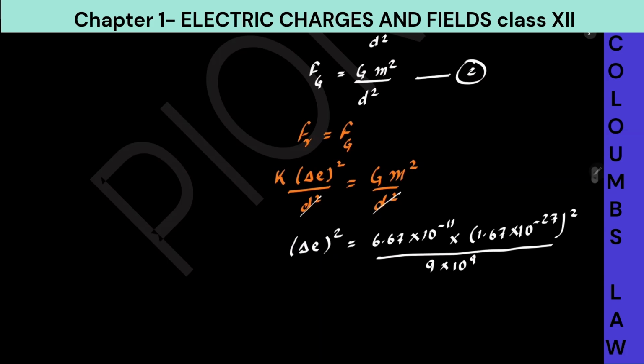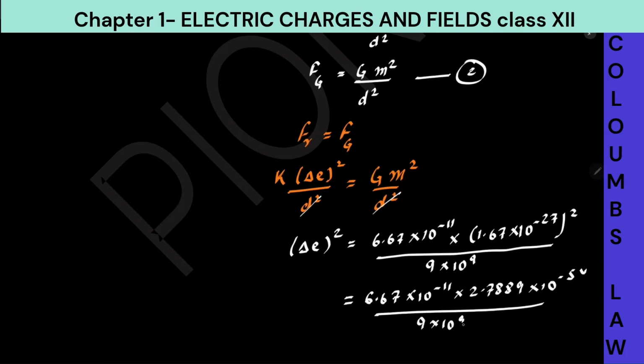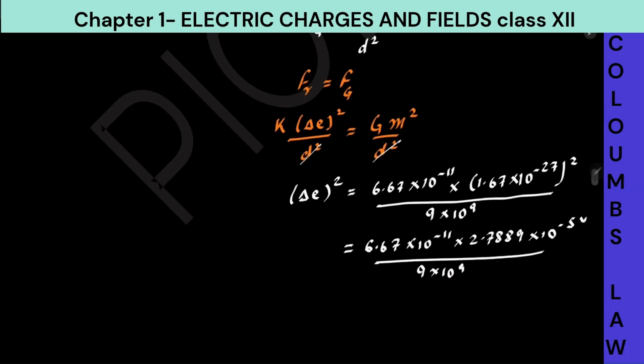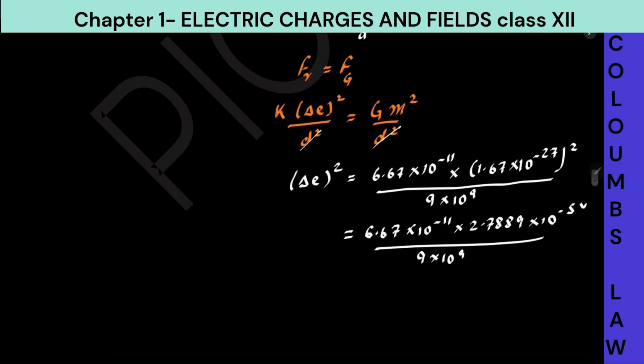Okay, we can further simplify it. So this will be our 6.67 into 10 raised to minus 11 into, let me multiply 1.67 into 1.67, that will give me 2.7889 into 10 to the power minus 54, whole divided by 9 into 10 to the power 9. Great. So let me first simplify the magnitudes. So 6.67 into 2.7889 divided by 9, that will give you nearly 2.0668.